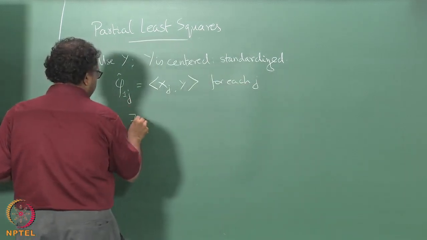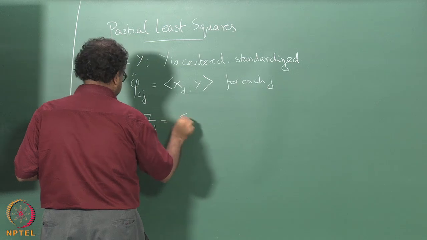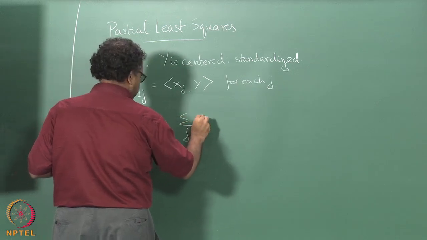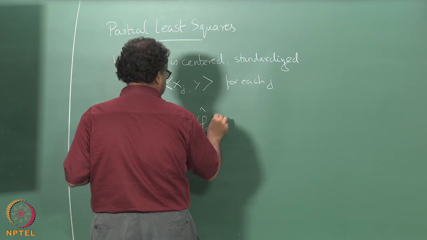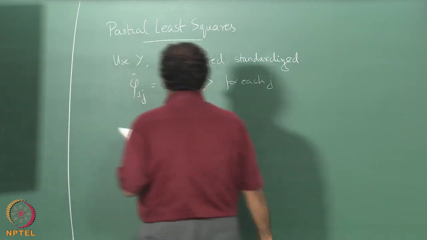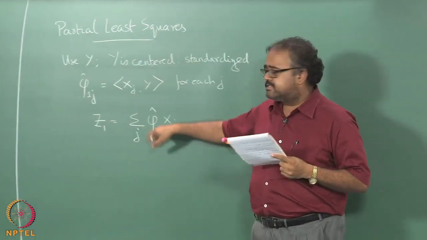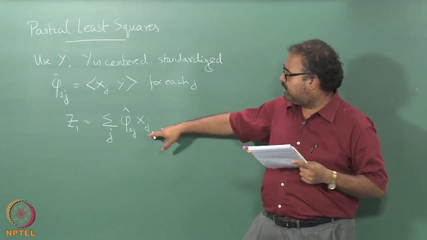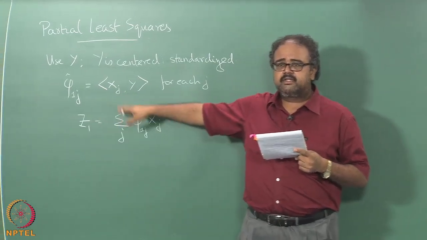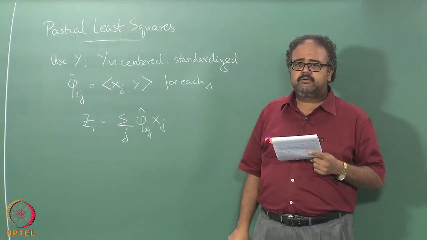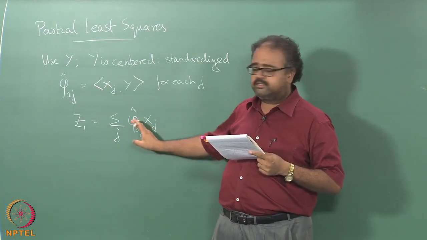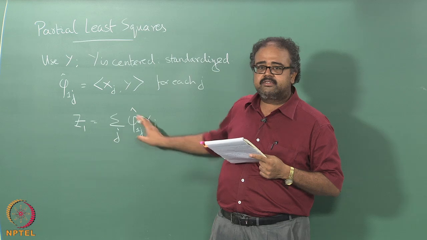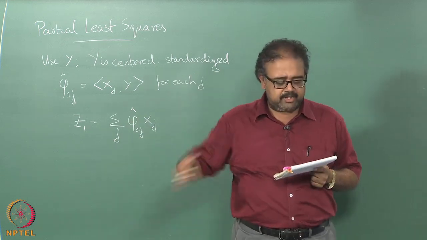Then I am going to create a derived direction which essentially sums up all of these projections I have computed. Basically I am computing the projection of y on xj, right. So this is essentially the direction, the vectorized version of it. I am going to sum all of this up.